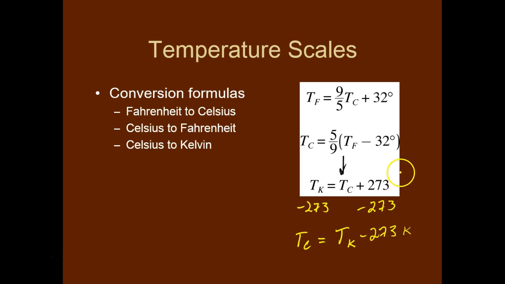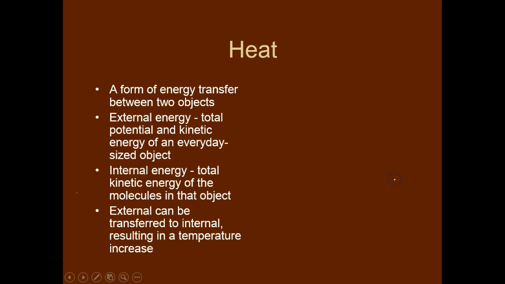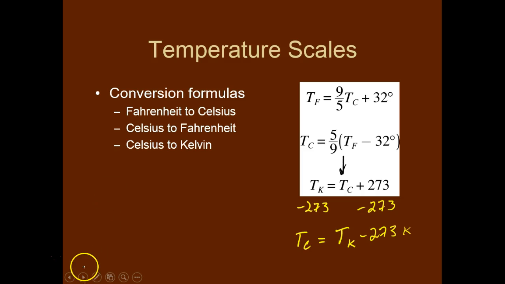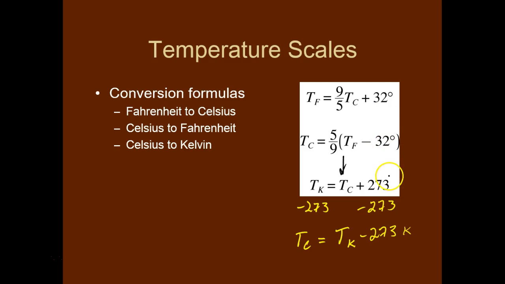This is the one up here I would put a unit on and say degrees Celsius, because that's temperature Celsius. Add degrees Celsius, you get K. This is K, subtract K, you get degrees Celsius. Just being a little picky there, okay?